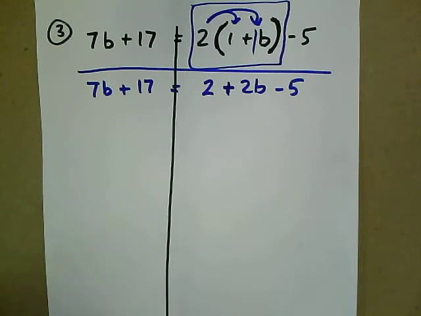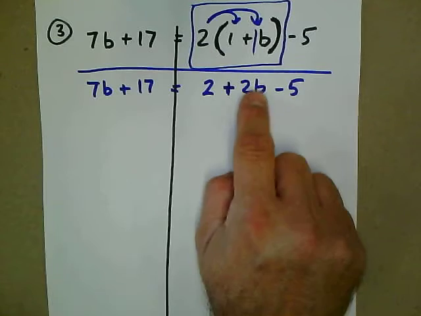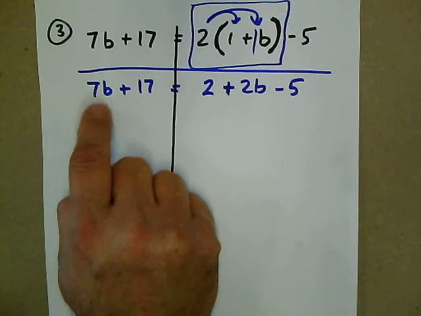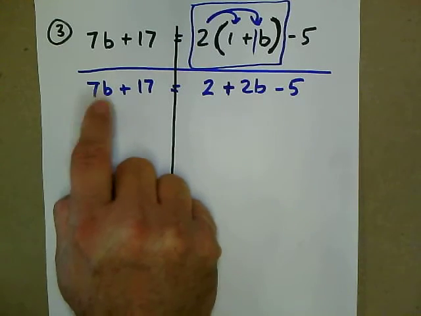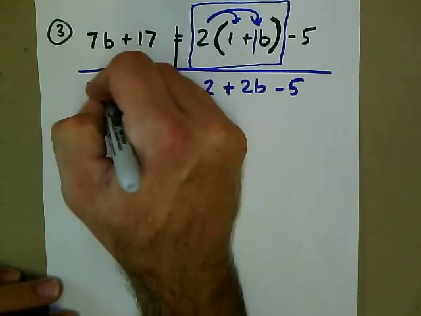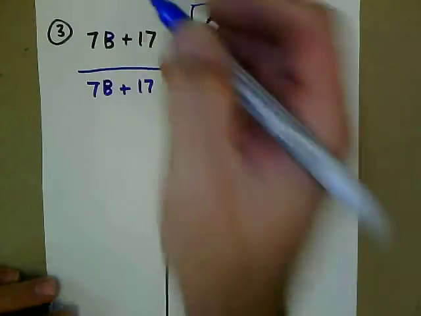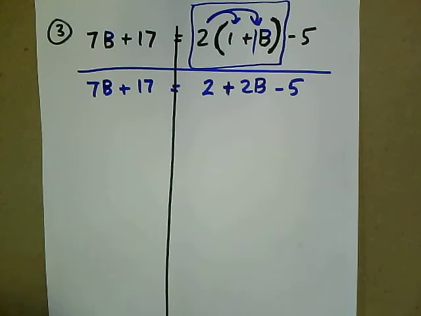You have to have operations in between, except for the 2b because we don't put one there. That's 2 times b. That's 7 times b. Does everybody see that? By the way, if you're really bad with your letters, make these capital B's. It's going to be better for you because you're not going to turn it into a 6. I've seen that a few hundred times already.